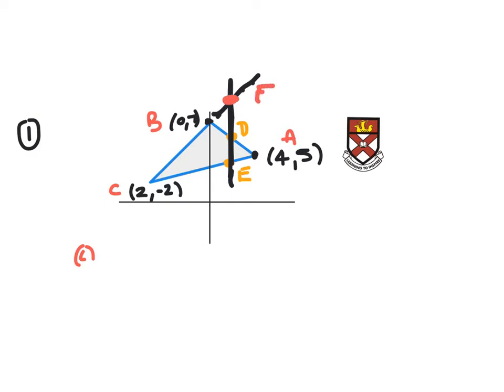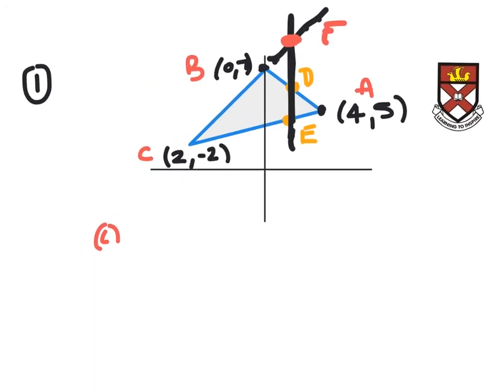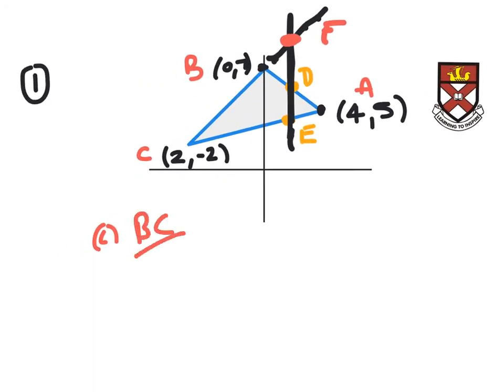So the first thing I'm going to do is work out what BC is. To work out the straight line, I need to work out the gradient first of all. So I need to work out the gradient of BC. You know what point B is, it's 0, 7. So that's 7 take away, and then do the same for the x coordinate, 0 take away.